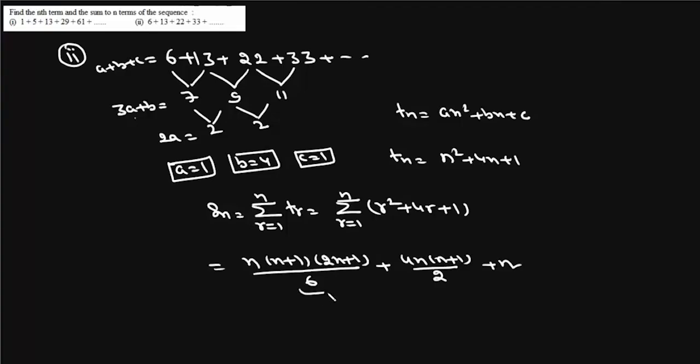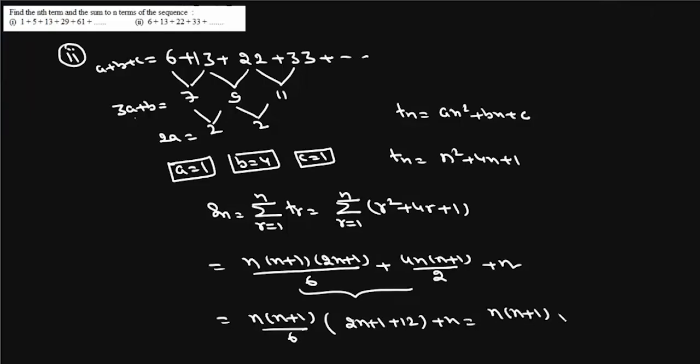Now we'll simplify these. What we'll do is we'll take n into n plus 1 by 6 common. So we'll have 2n plus 1 plus 12 plus n. So it'll be n plus 1 into 2n plus 13 upon 6 plus n, and that is the answer to this question.